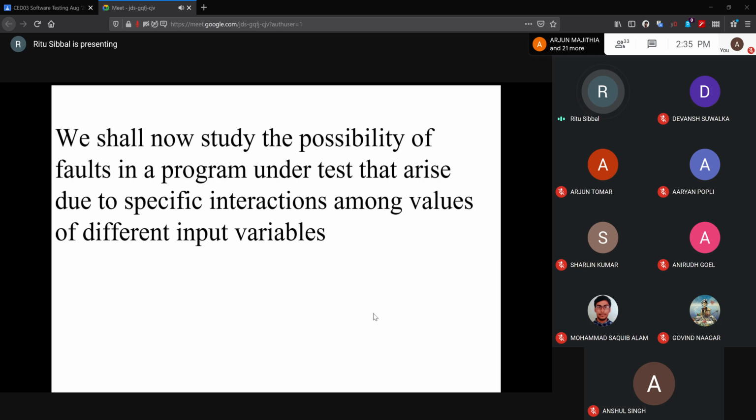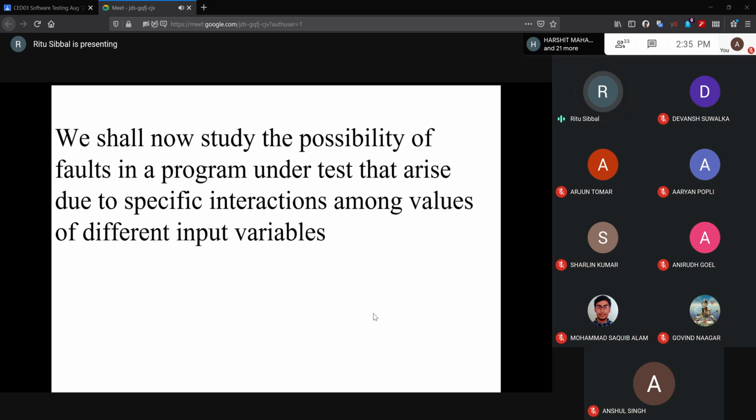Is that clear? What is combinatorial testing? It is the faults which are caused because of interaction amongst the input variables. Is that clear? Till now we have not seen interactions of input variables. In all the techniques we have studied till here, we have not gone into this particular field.